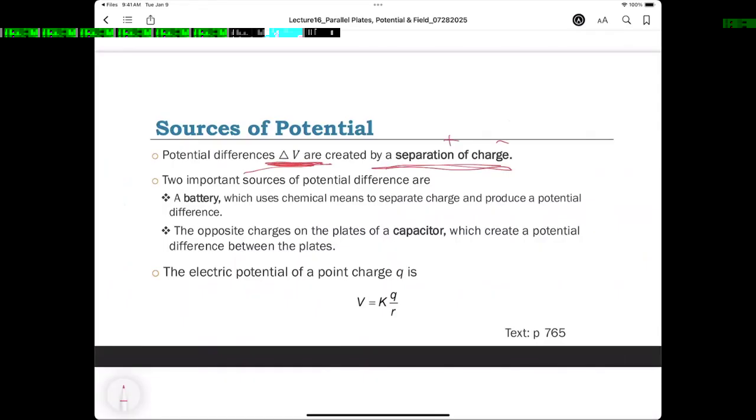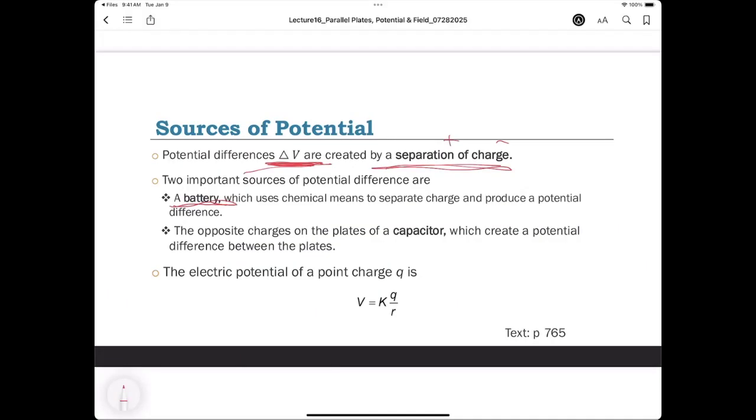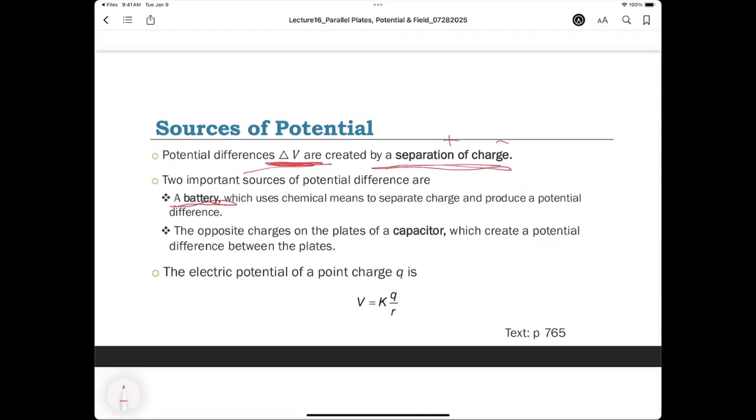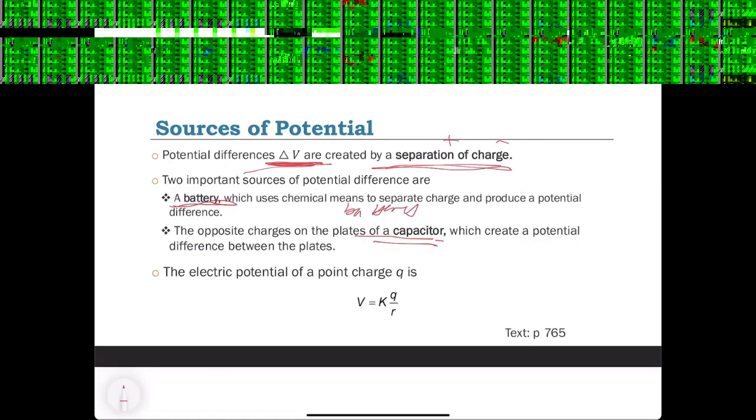Two important sources of potential difference that we usually see in the real world: one is a battery, which uses chemical means to separate charge and produce a potential difference. The other is the opposite charges on the plates of a capacitor, which create a potential difference between the plates.